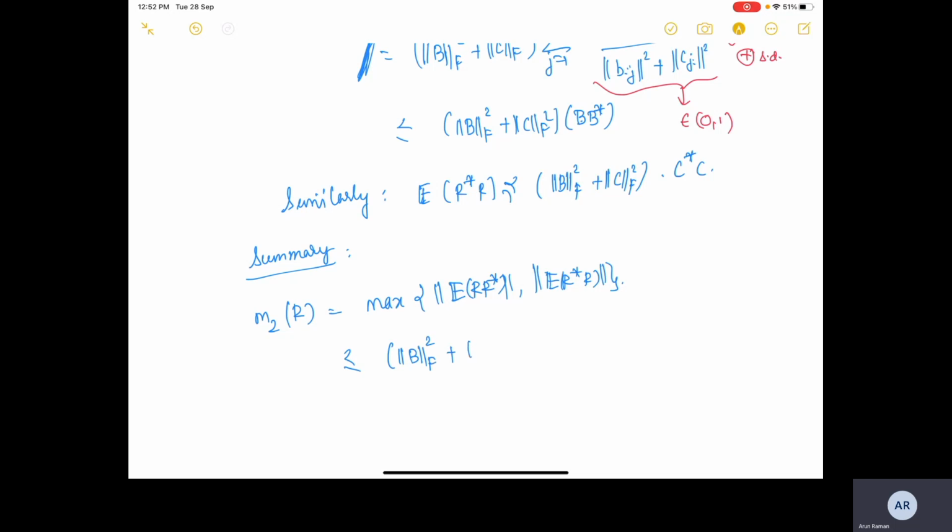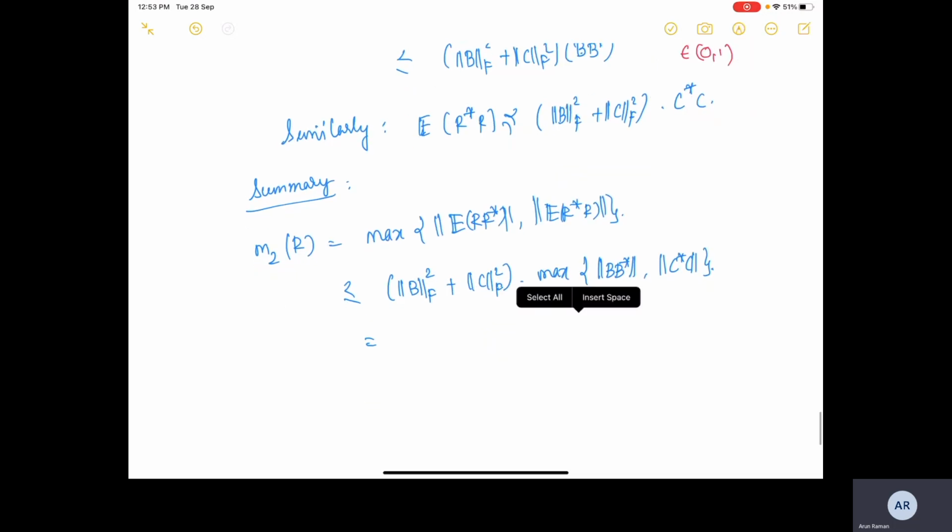So what we will have is square plus, and we assume that the spectral norm is 1.